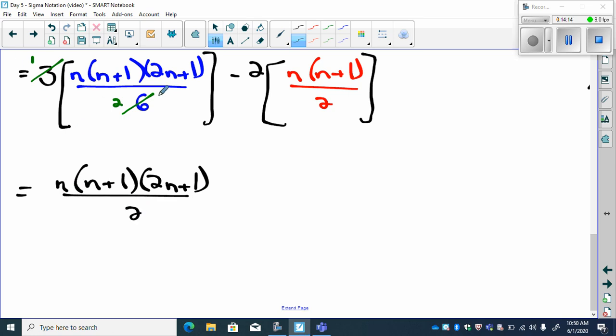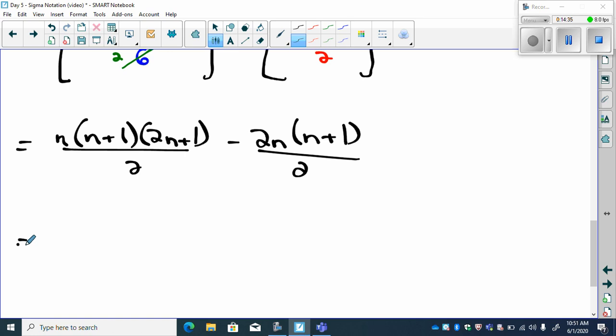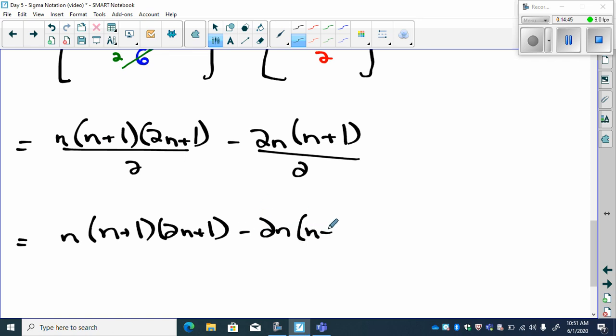All right, 3/6 reduces to 1/2. 1 times all of that on top would just be the same thing, n times n plus 1 times 2n plus 1. Here I'm going to have minus 2n times n plus 1. I'll multiply the tops, bottom by bottom gives me 2. Since they have the same denominator, the move is to subtract the numerators. So it'll be this numerator minus this numerator over 2.